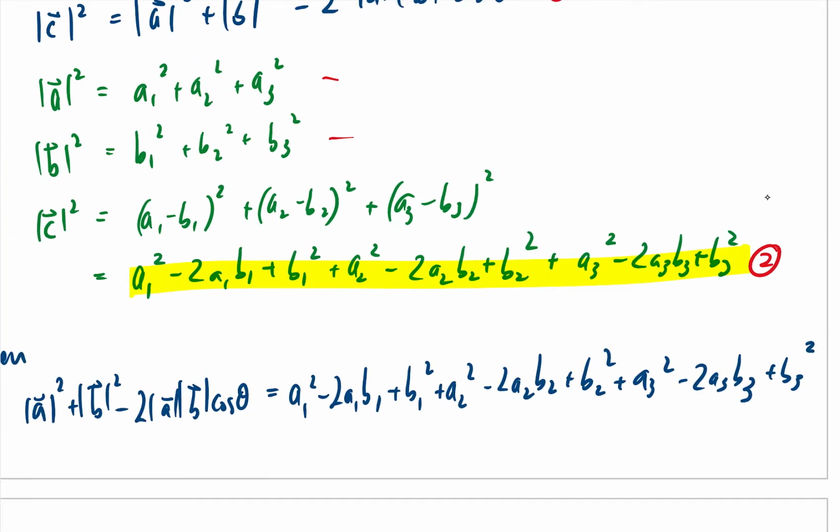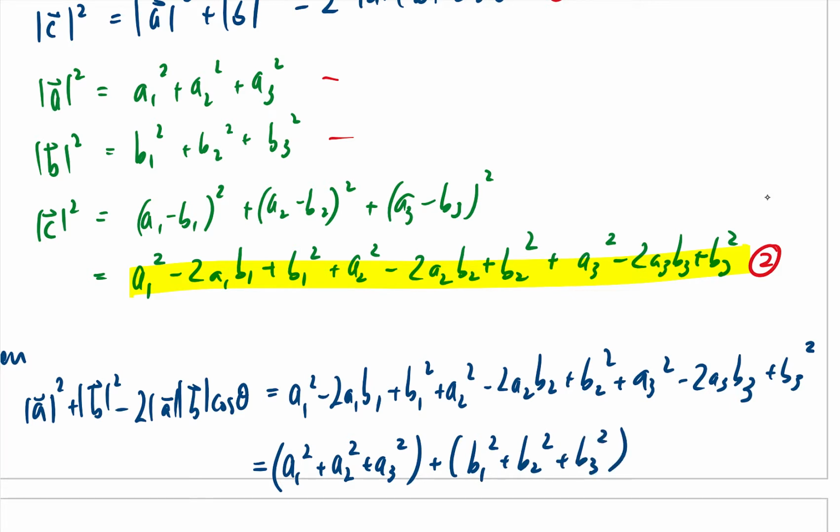So next, let's rearrange some of our terms. So I'm going to group all the terms with a together. So I have a1 squared plus a2 squared plus a3 squared. Then plus the b terms, b1 squared plus b2 squared plus b3 squared. And those should look familiar.